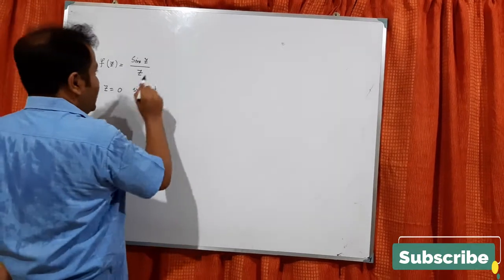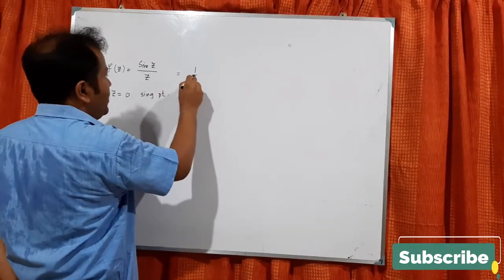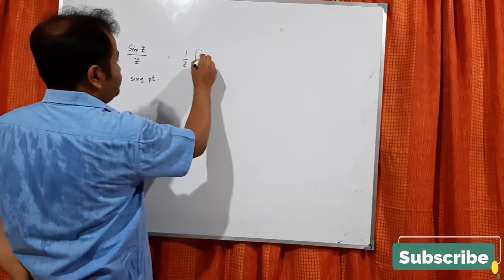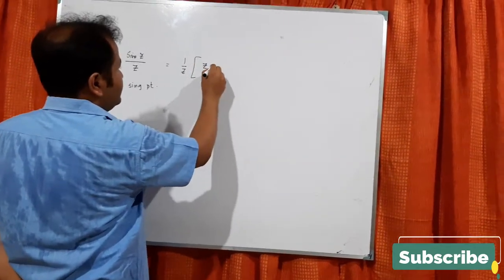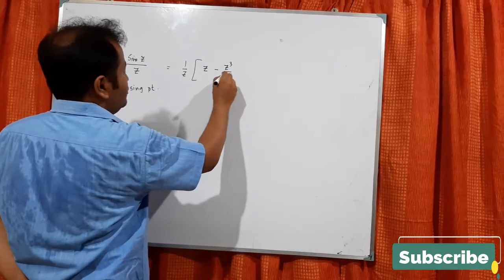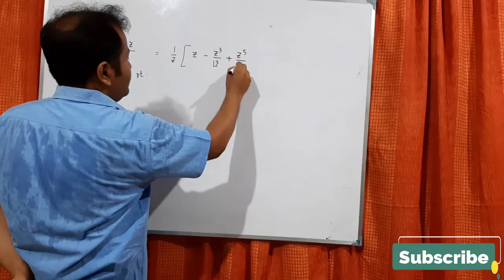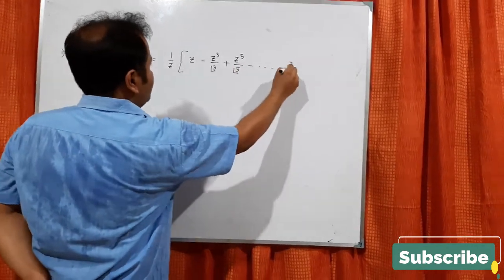Now sin z means, so this will be 1 by z. We know the expansion of sin z, that will be z minus z cube by 3 factorial plus z to the power 5 by 5 factorial and so on.